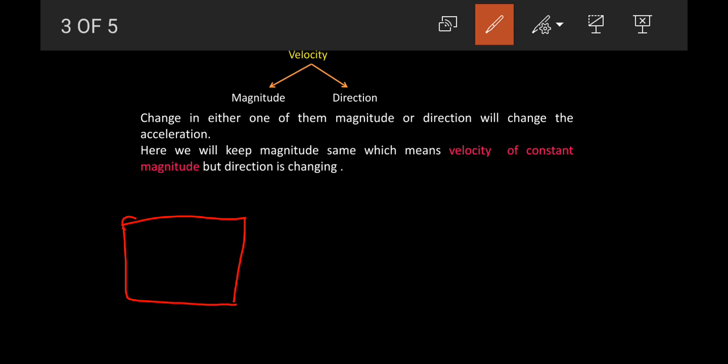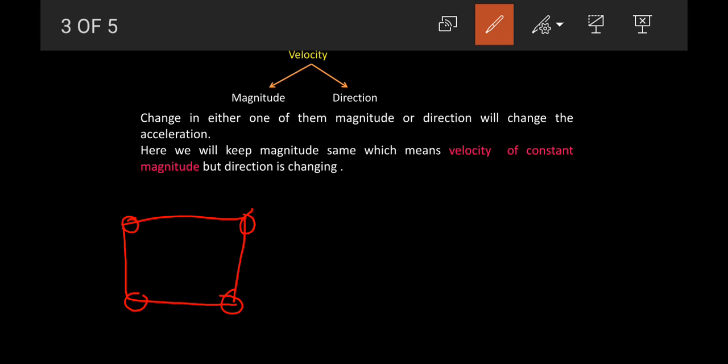If he is standing over here, then to keep his speed constant, at the 4 corners he has to change direction, right? At the 4 corners where he changes direction, he is going to accelerate. Though he keeps his speed constant, at the corners he has to change direction, so acceleration will be there.